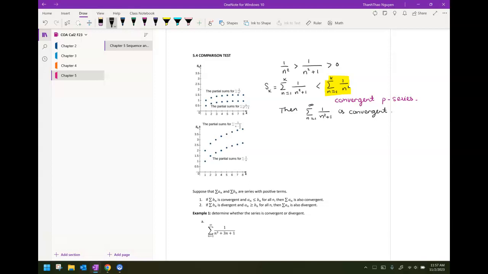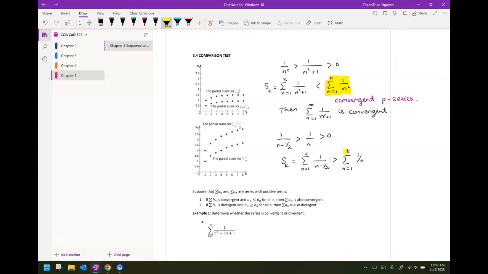In the second case, we have a monotone increasing sequence, right? Both sequences are increasing. However, note that 1 over n minus 1/2 is greater than 1 over n, which is greater than 0. This means the partial sum, the sum from n equal 1 to k of 1 over n minus 1/2, is greater than the sum from n equal 1 to k of 1 over n.